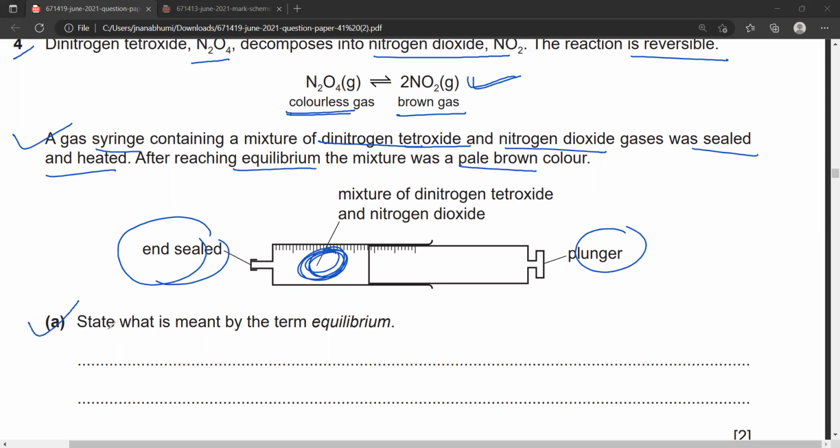First question is, state what is meant by the term equilibrium.